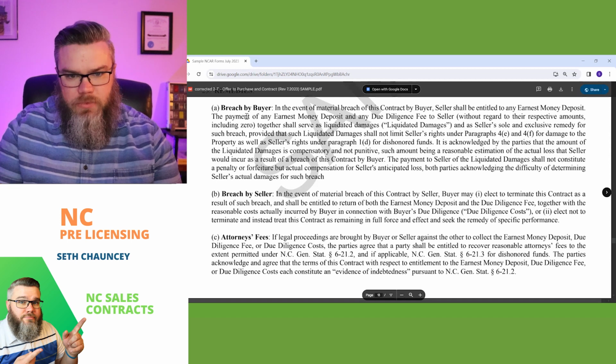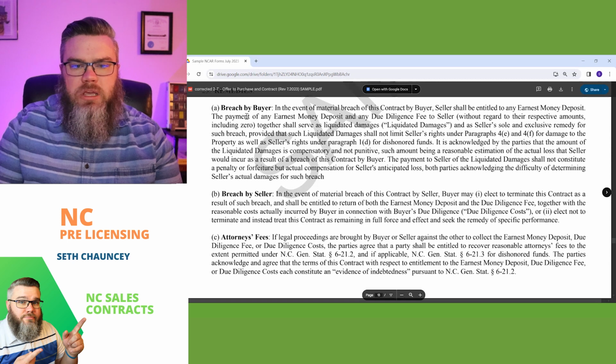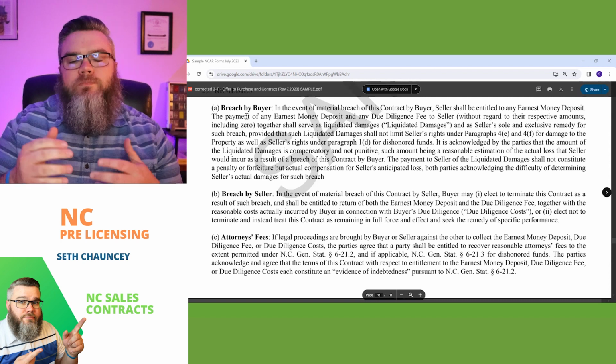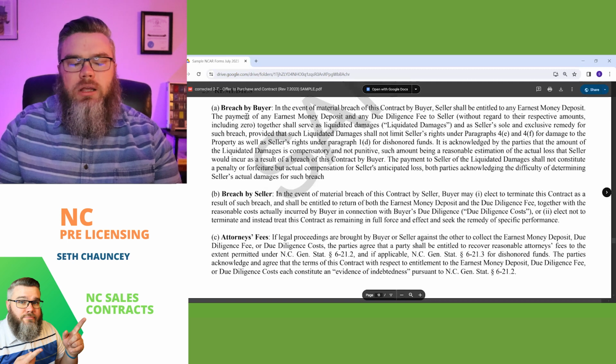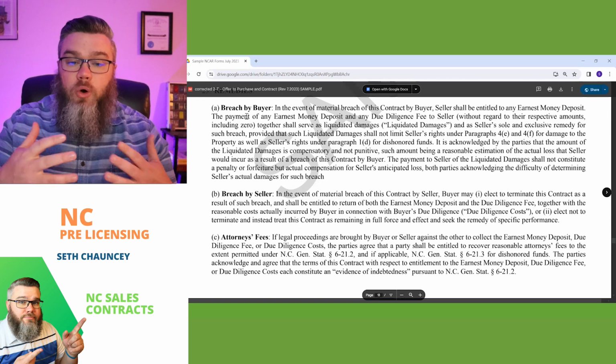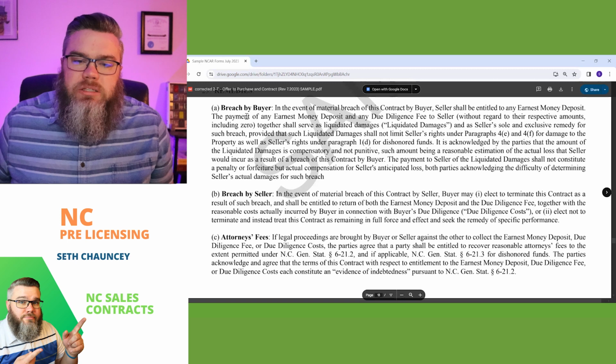The seller. Now, if the buyer says, do not give them the earnest money or else, what would the escrow agent have to do? Hold on to it or take it to the court and continue to hold it. There you go. Continue to hold it until all parties agree to its disposition, or alternatively deposit it with the appropriate clerk of court.